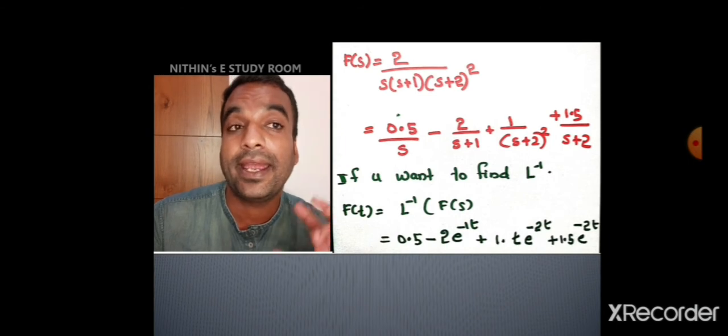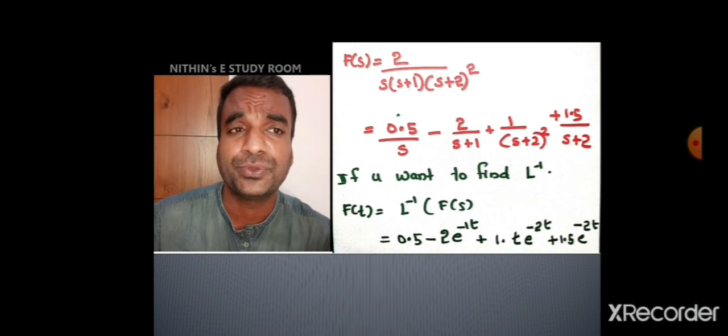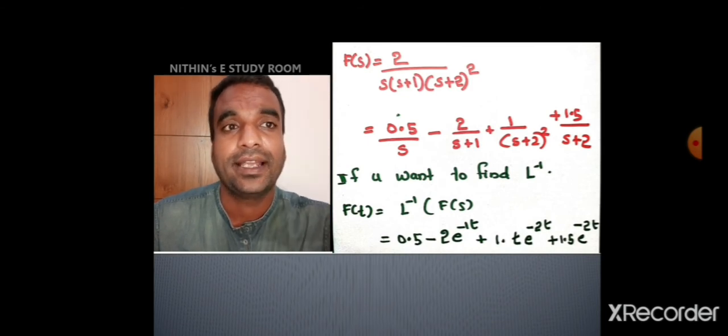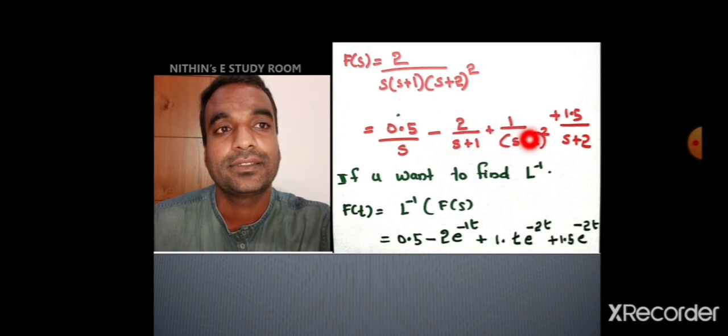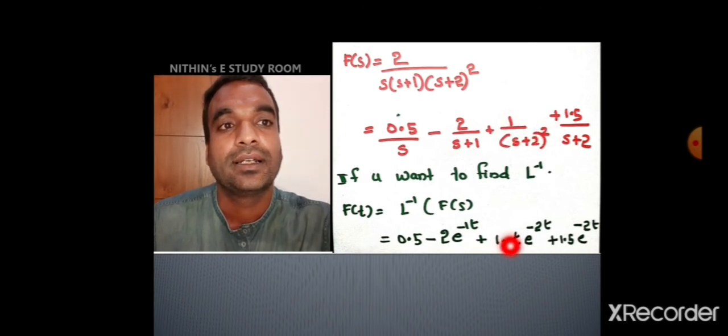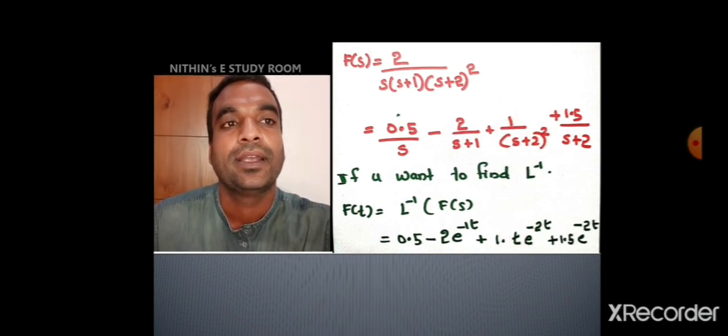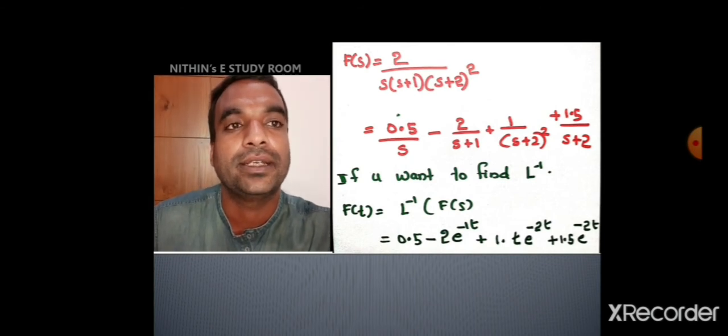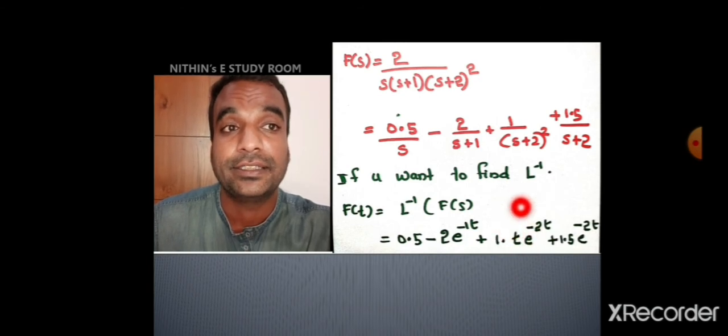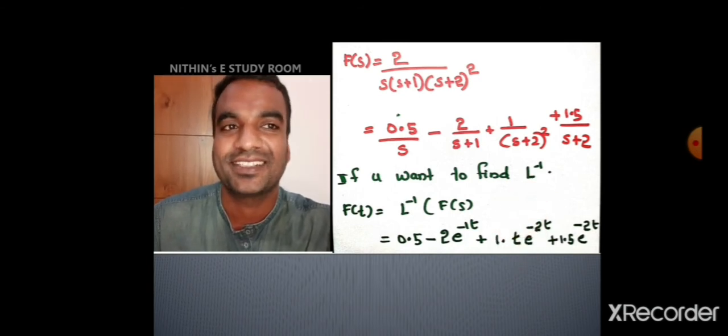If you are shifting by a, s plus a, you have to multiply the time domain equation with e raised to minus at. If it is 1 by s square, its time domain expression is t. And as a shifting is there in 1 by s plus 2 square, we have to account for that shifting by multiplying with e raised to minus 2t. Please check the frequency shifting theorem. It was there in the previous class.